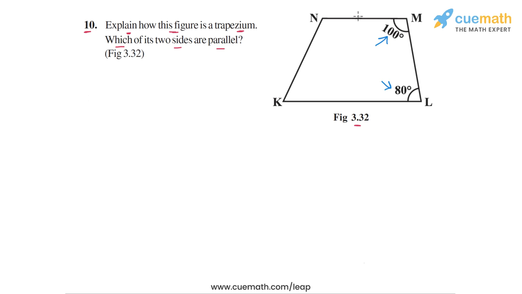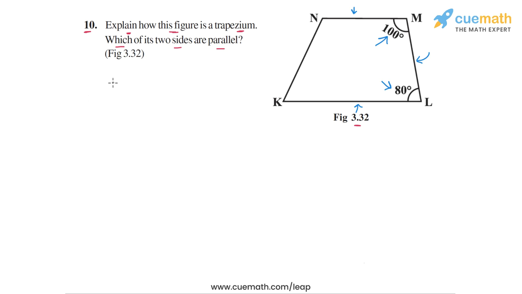If you think of NM and KL as two lines being intersected by this transversal ML, then these two angles, 100 degrees at M and 80 degrees at L, form a pair of co-interior angles, angles on the same side of the transversal, which add up to 180 degrees. This means that NM and KL must be parallel to each other, and hence this quadrilateral should be a trapezium.